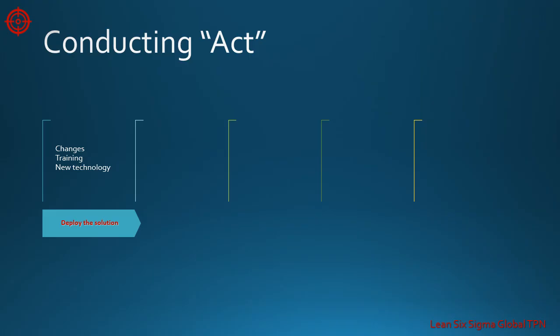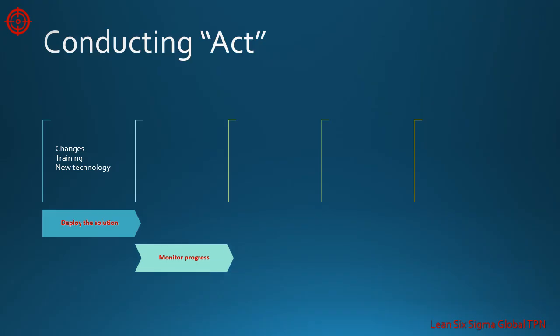For example, the team developed a solution to address long wait times on the customer service phone line by implementing an interactive voice response system that would allow customers to self-service their basic inquiries. The company developed the IVR system and updated their phone system accordingly.